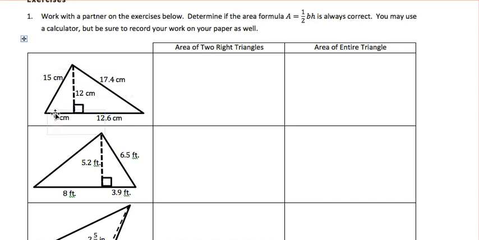So what we have are two right triangles, this larger one to the right and this smaller one to the left. And so the area of the two right triangles would be 1/2, we'll start with this one, times 12.6 times 12.